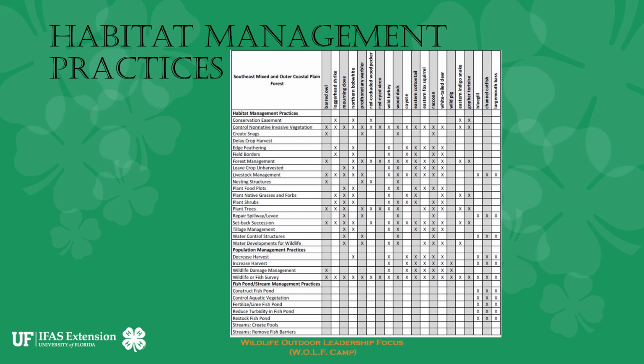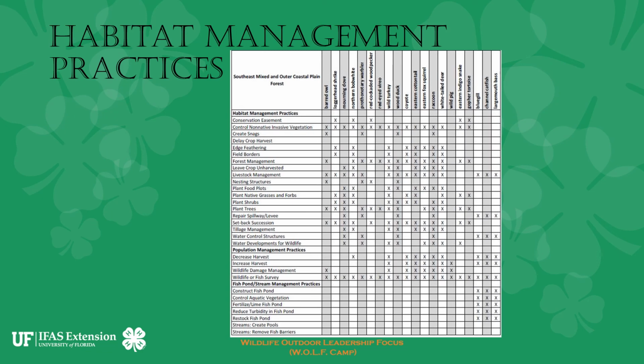For example, the first one there is a conservation easement. If you do not know what a conservation easement is, it is actually a legal agreement that permanently limits the use of the land in order to protect conservation efforts. So if you're on land and you never want it to be developed into a shopping mall, there's practices that you can do legally to make sure that that never happens.